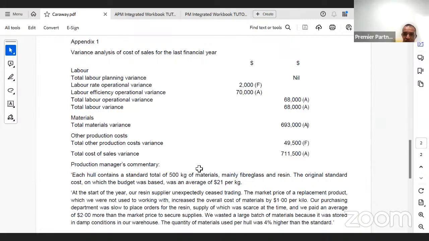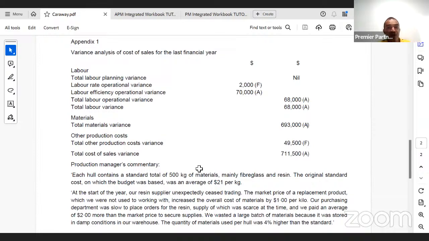And then usage. The standard price of 21 we keep as it is. Actual units 350 into 520, and 500. 4% more: 500 into 4% is what? 20. So actually we have gone and used 520, but we should have used 500. So the difference between 436 and 367 is your 693 adverse.